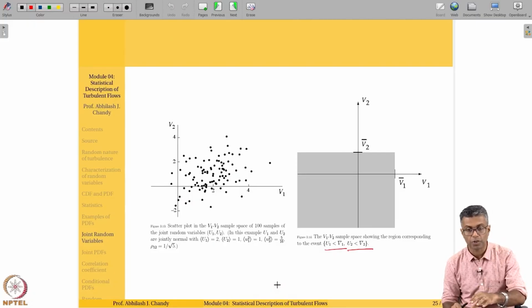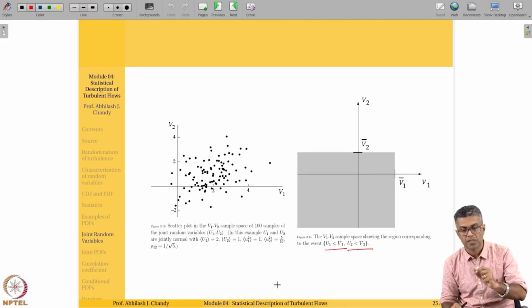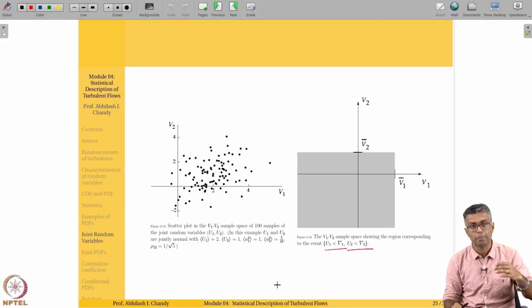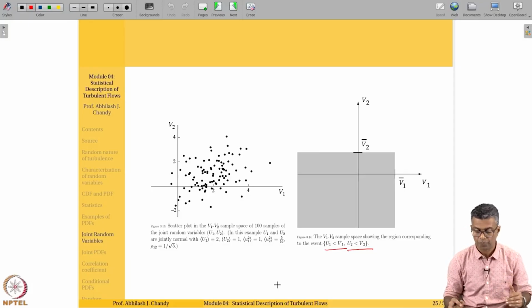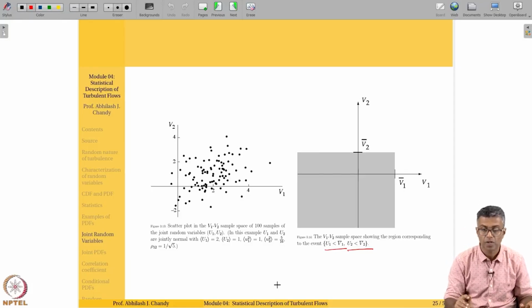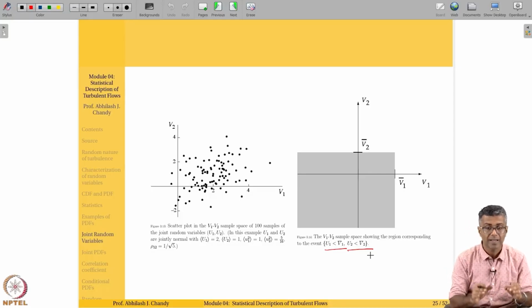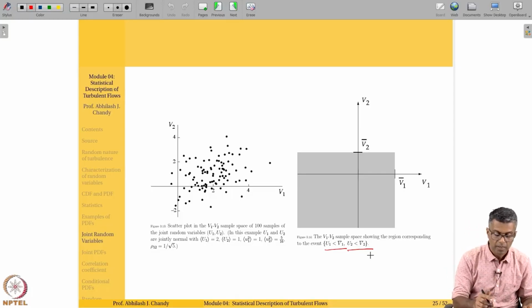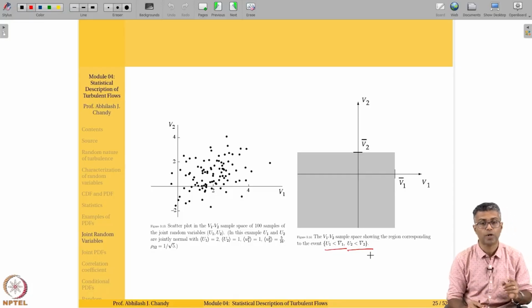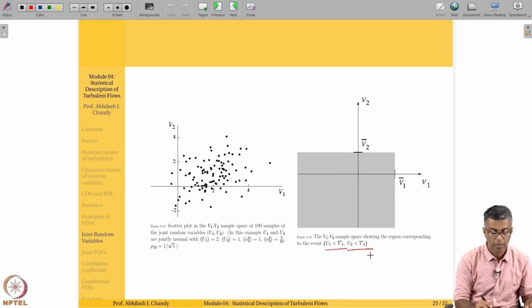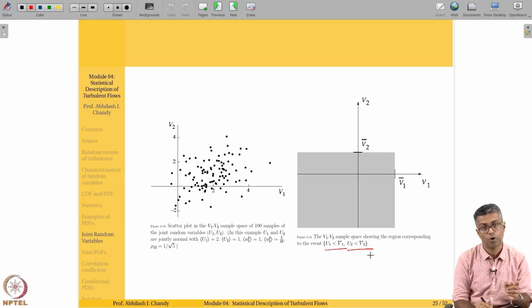So we talked about this shaded area, which is basically the probability of u1 and u2 being in that shaded area, meaning u1 less than v1 and u2 less than v2. So this is a v1 v2 sample space showing the region of this event. Now on the left hand side, I have shown a scatter plot of the v1 v2 sample space. So this is the actual event. Here in this particular scenario, u1 and u2 are joint normal, as in they are normally distributed.